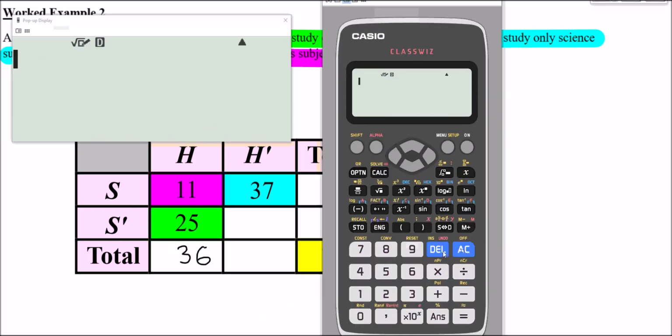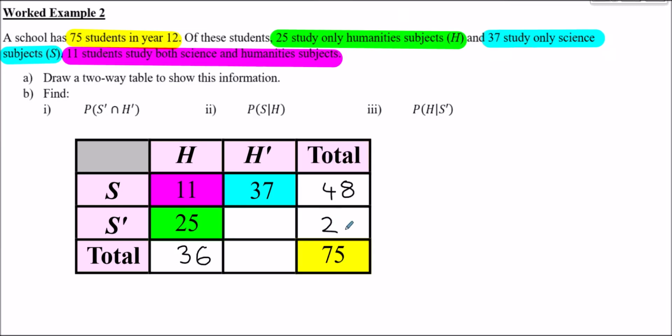That's going to give us 27. So 27 goes there. This row here needs to add up to 27, therefore. I've got 25 already, so this must be the missing 2. Then this column, 37 add 2 is 39. And as a double check, does 36 plus 39 give us 75? Yes, it does.